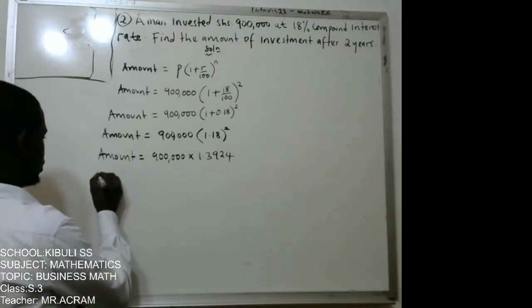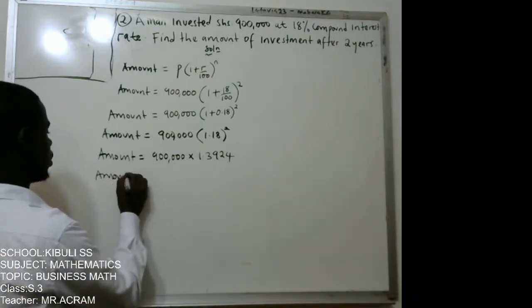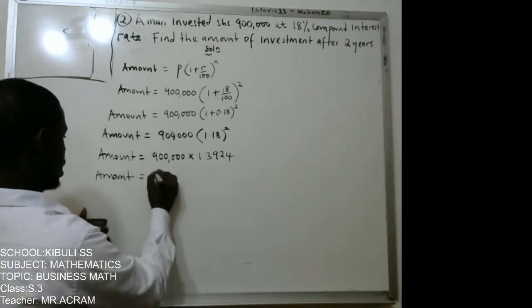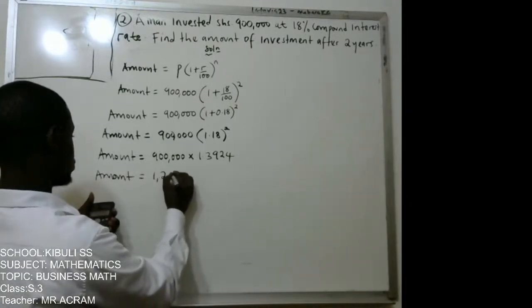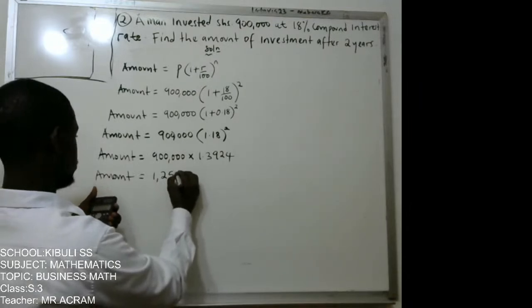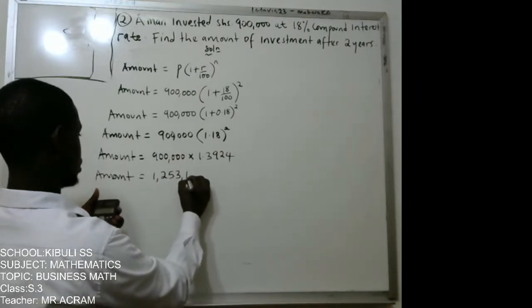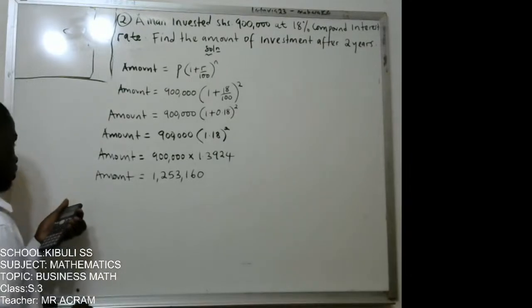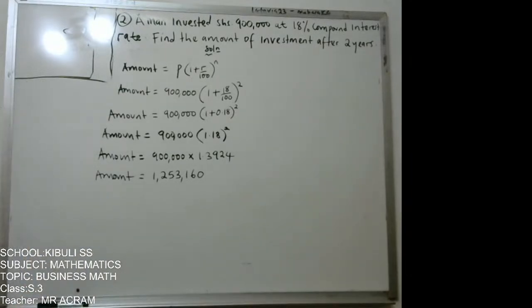So the amount is now, but even when you're calculating, you should know that the amount will always be bigger than the principal. If you get an amount that is smaller than the principal, know that what you're doing is wrong. Okay? Therefore, the amount is this.